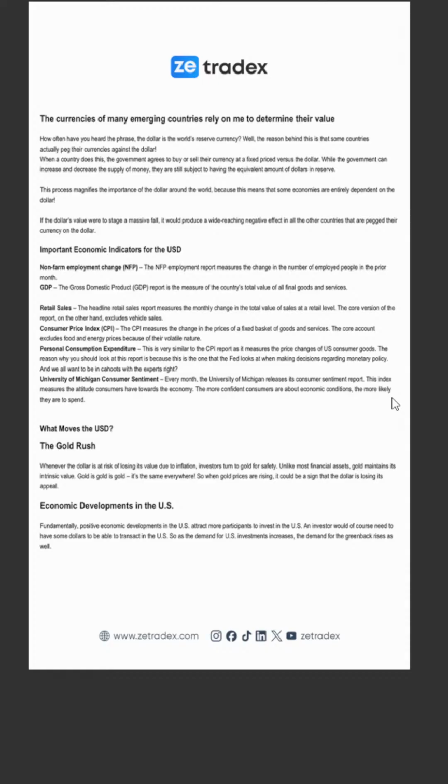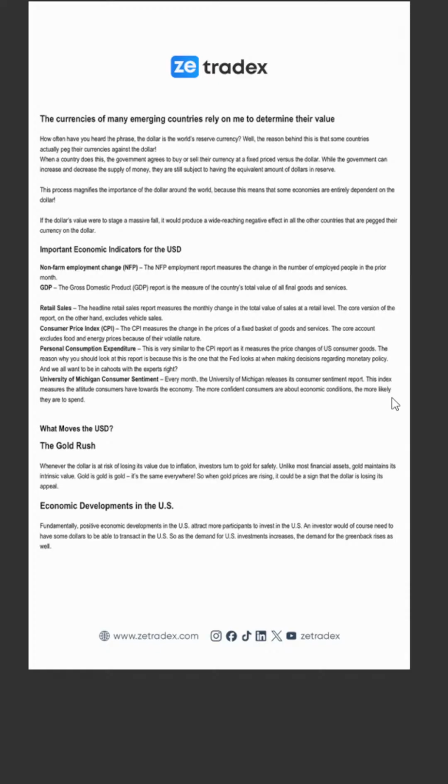The NFP employment report measures the change in the number of employed people in the prior month, and the gross domestic product report measures the country's total value of all final goods and services. The headline retail sales report measures the monthly change in the total value of sales at a retail level.